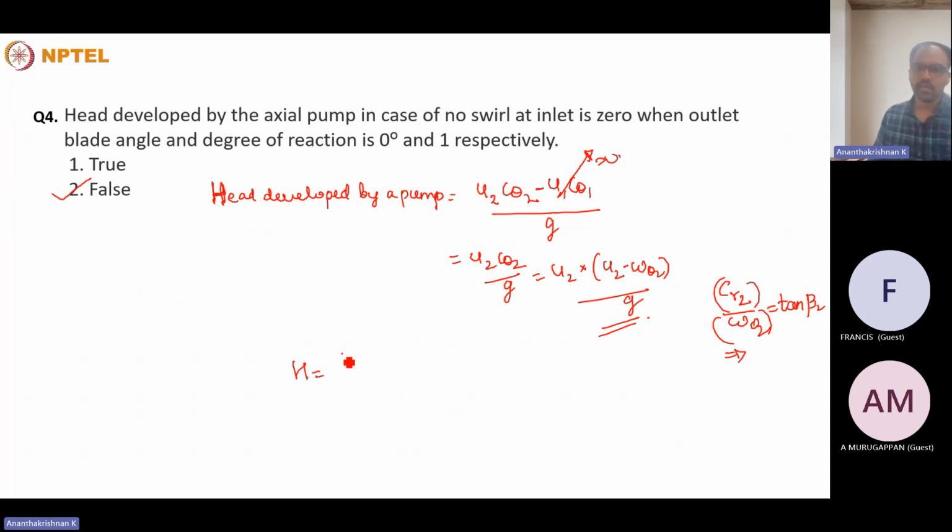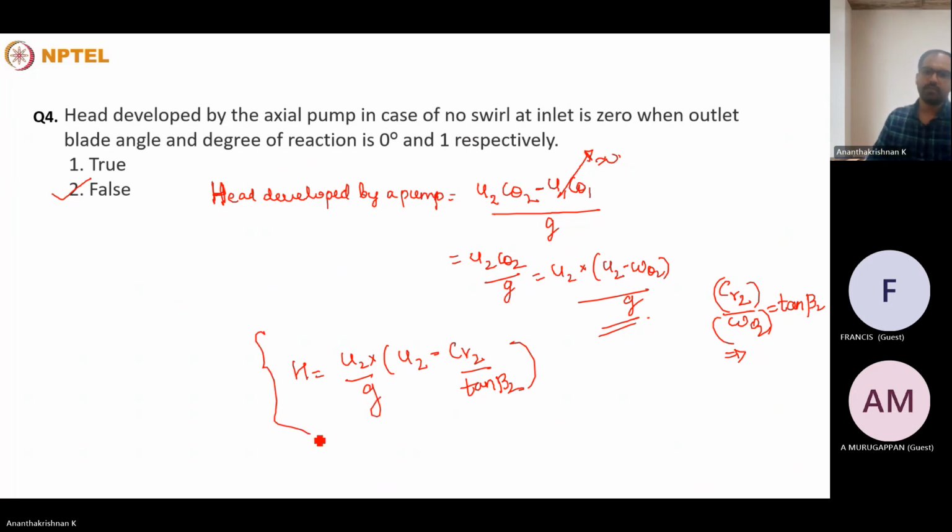We get u2 into u2 minus CR2 divided by tan beta 2, the whole term divided by g. So we have got a reduced equation which considers the blade angle, the relative velocity, the flow velocity component of the axial velocity, and the blade velocity term.